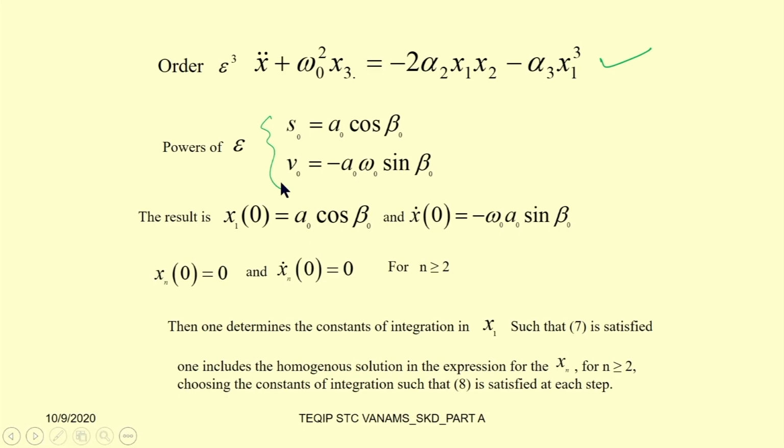The solution x 0 can be written as a 0 cos beta 0, and its velocity in this way. Similarly, x n equal to 0 and x n dot equal to 0 for n greater than or equal to 2.